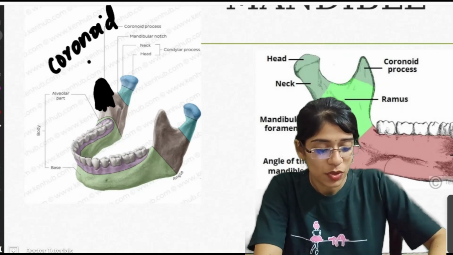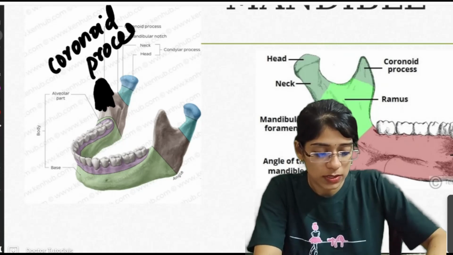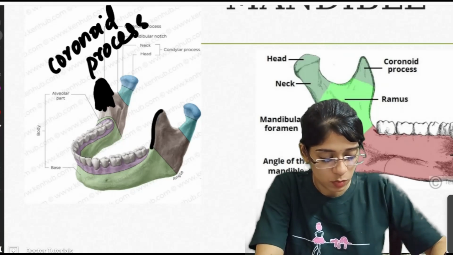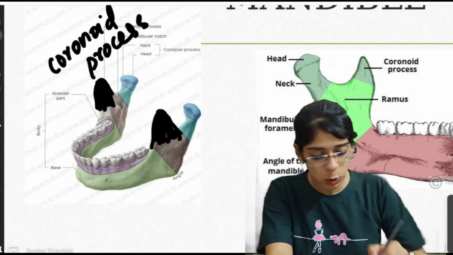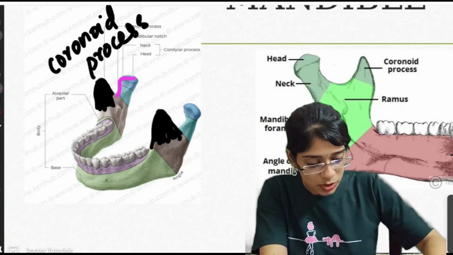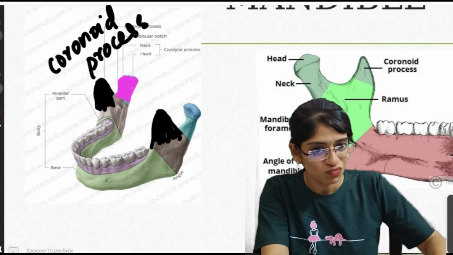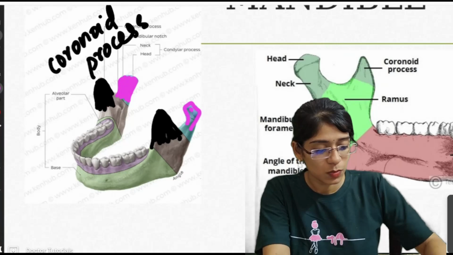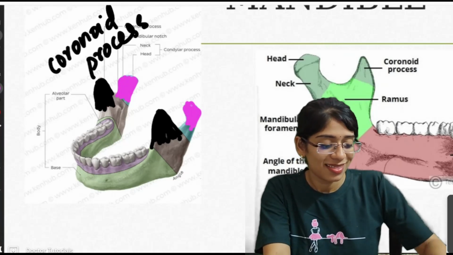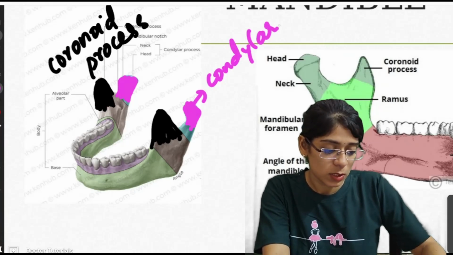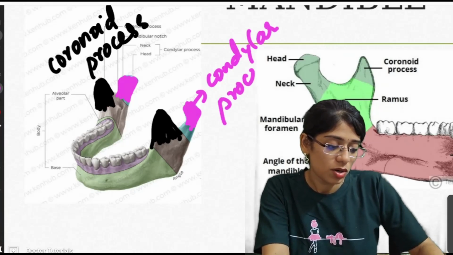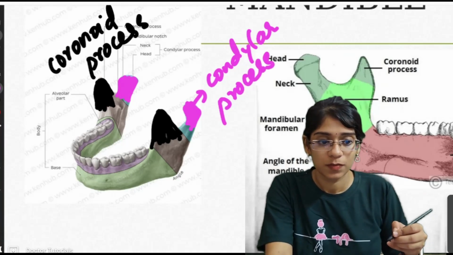What is it, guys? Coronoid process. On both sides, this projection is called the coronoid process. And this projection that you see here is called the condylar process. What is it? Condylar process.